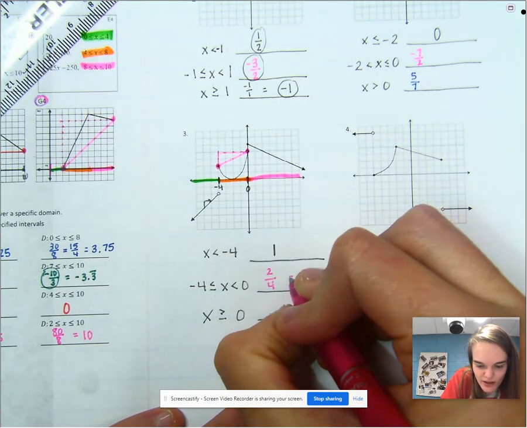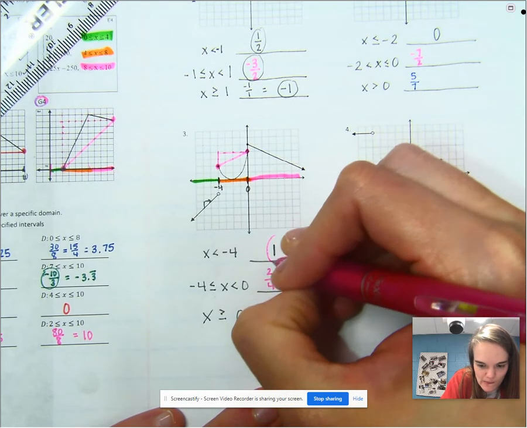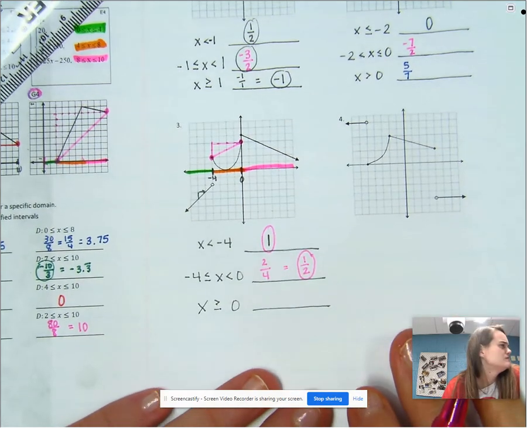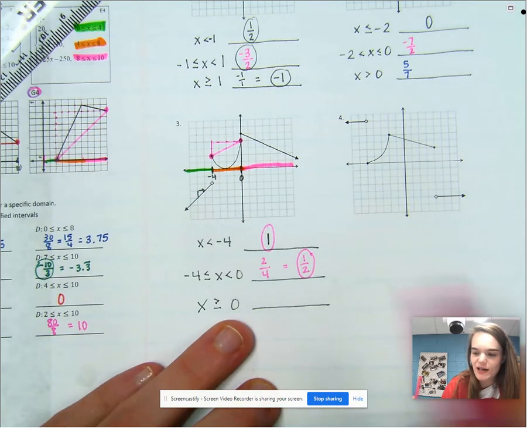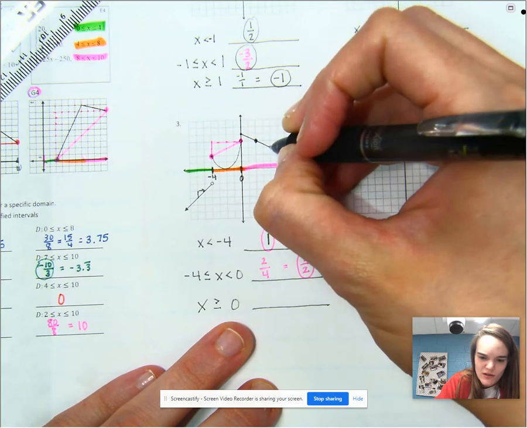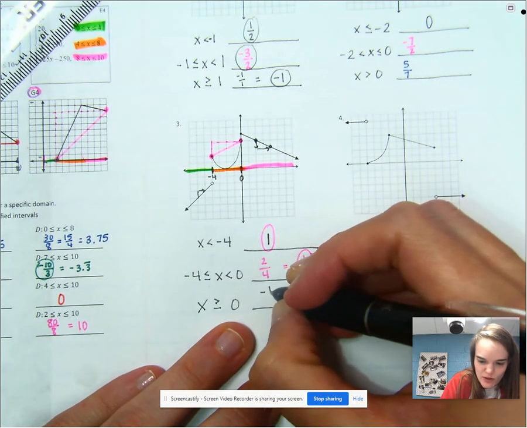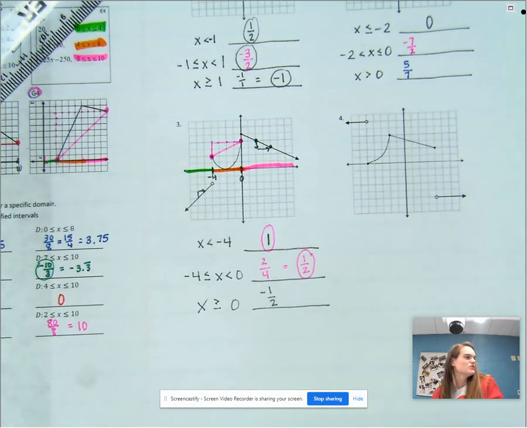I can reduce that to 1/2. Okay, this is a line, so I can just count. Down 1 over 2, that is negative 1/2 is the average rate of change.